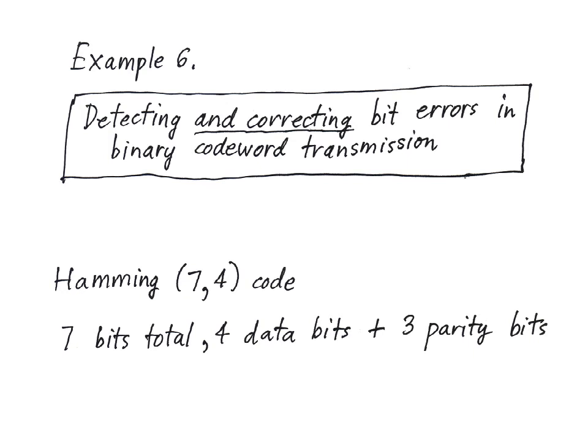In this code, there are 7 bits total. 4 of them are data bits, and 3 of the 7 are parity bits. So now we have special bits allocated for the purpose of not only detecting errors, but also correcting some of them.